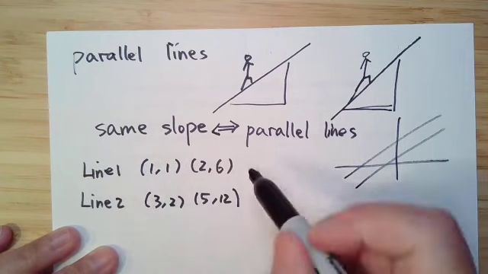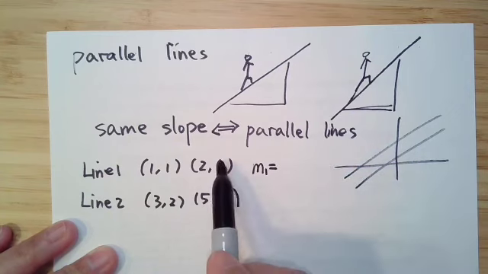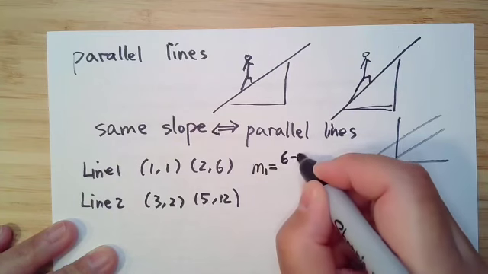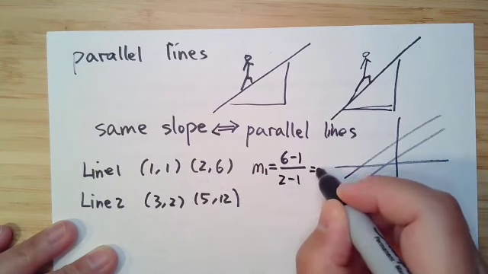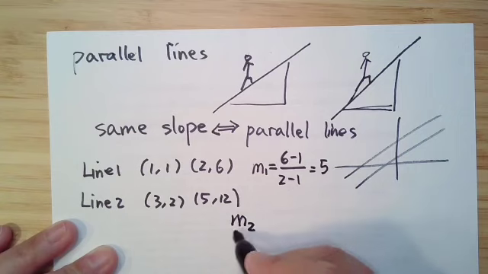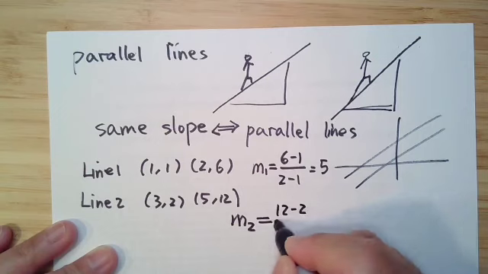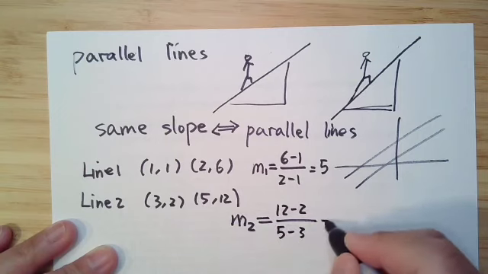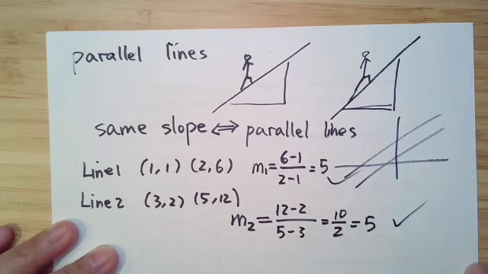So this is slope 1. I call this M1. It will be the changing y, which is 6 minus 1, over the changing x, which is 2 minus 1. That's a 5. For this one, I call this M2, the second slope. Changing y, 12 minus 2, over 5 minus 3, which is 10 over 2, and that is 5. The answer is yes. Okay, these two lines are parallel to each other.